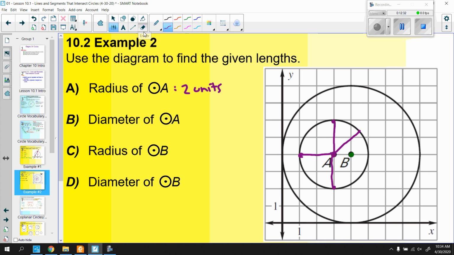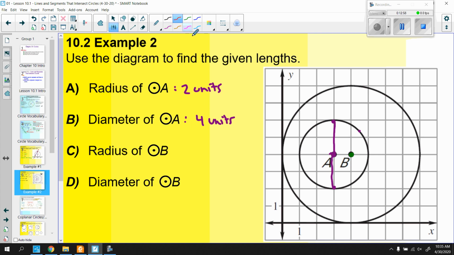I'm going to take some of these extra ones off, but we can leave this one here, I guess. The diameter of circle A is now, all right, the diameter is a chord that passes through the center. So 1, 2, 3, 4 units. And I think a lot of us understand that relationship between radius and diameter. If I double the radius, I get the diameter.